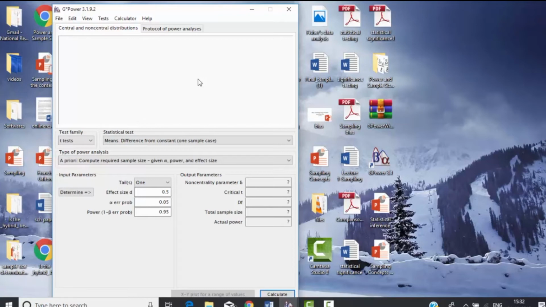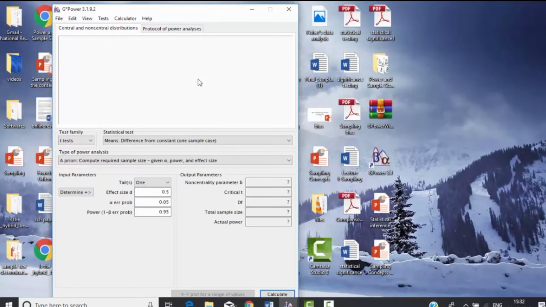The another most important aspect we also want to have is the power. That is, we want the power to be approximately 90% or 0.9. That is 1 minus beta. Therefore, the probability of not committing type 2 error is 0.9.